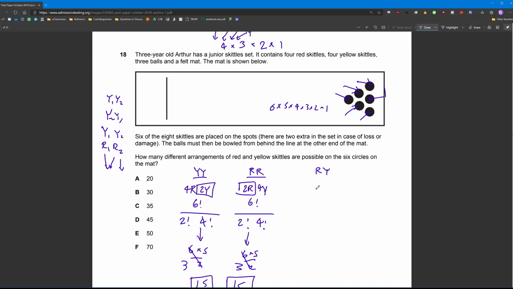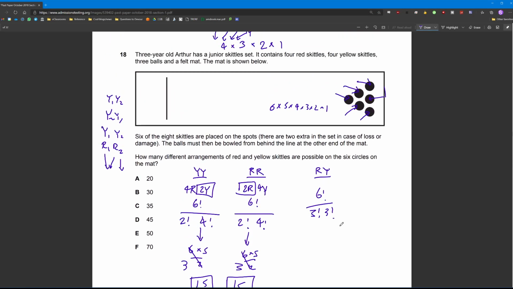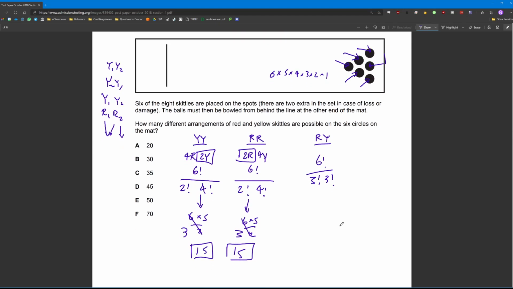I'm going to shortcut around that during this explanation and just write from my understanding of the logic behind the red and yellow Skittles that in the case that we have 3 red and 3 yellow Skittles on the board, there are 6 factorial divided by 3 factorial times 3 factorial.